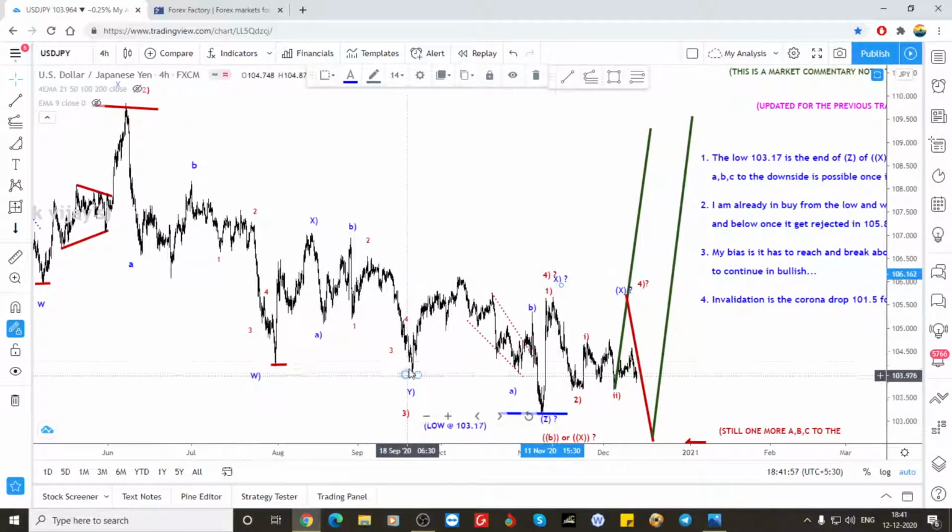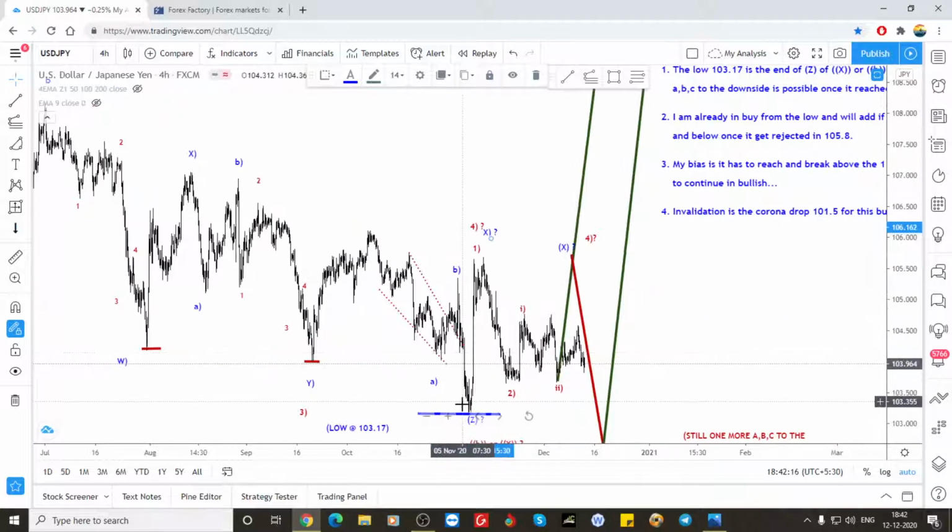ABC is a B and the C. So this is an impulsive wave, so that could be a C also.